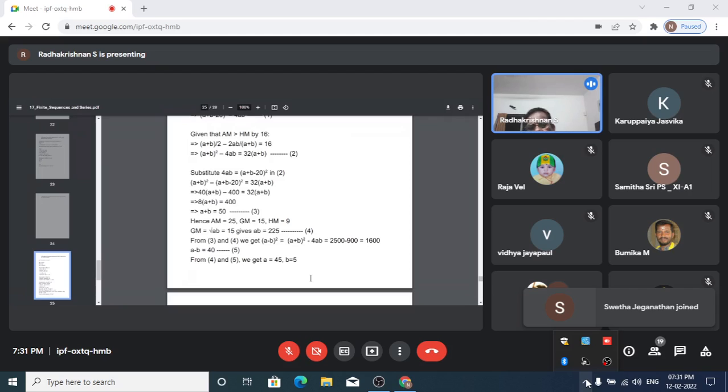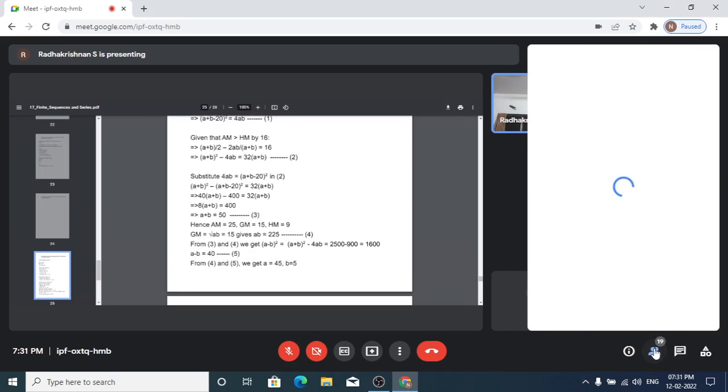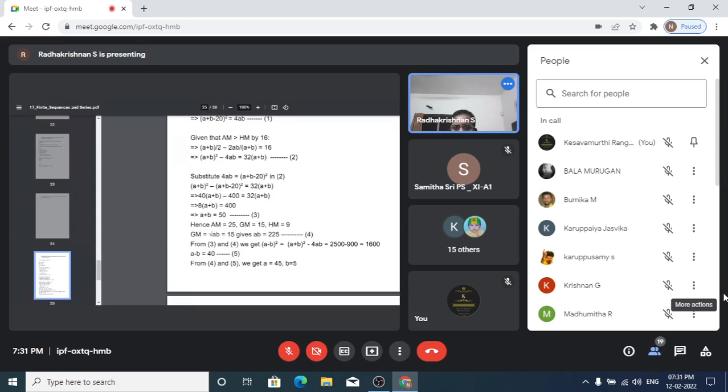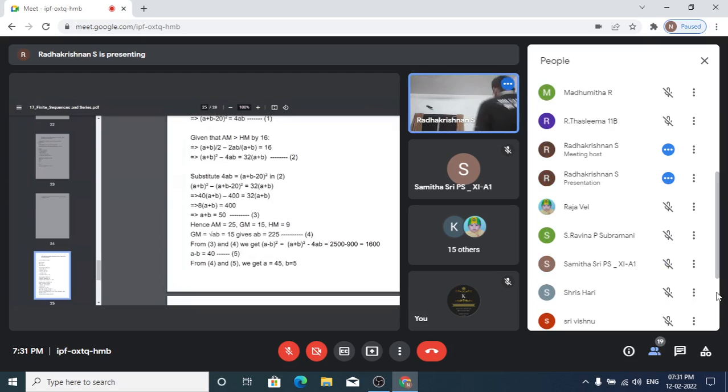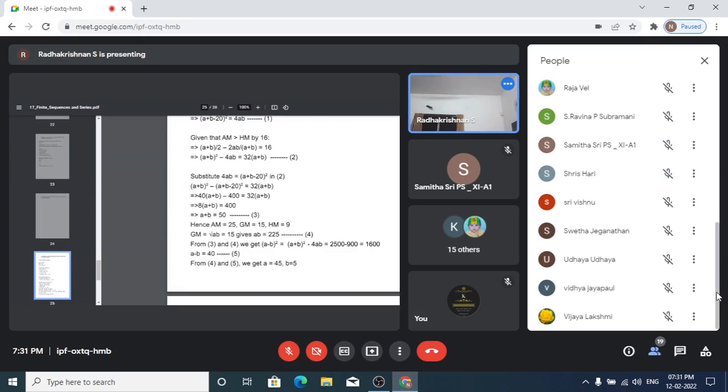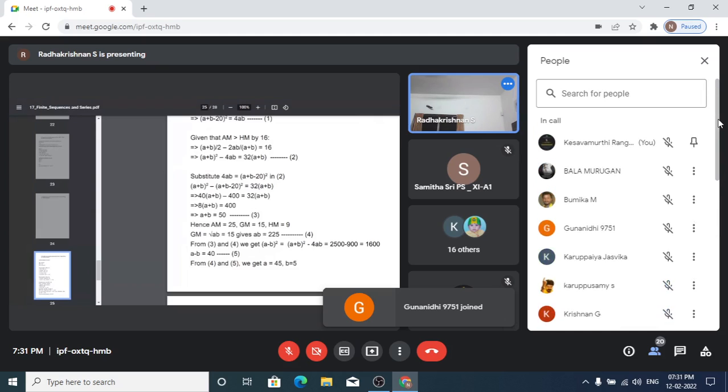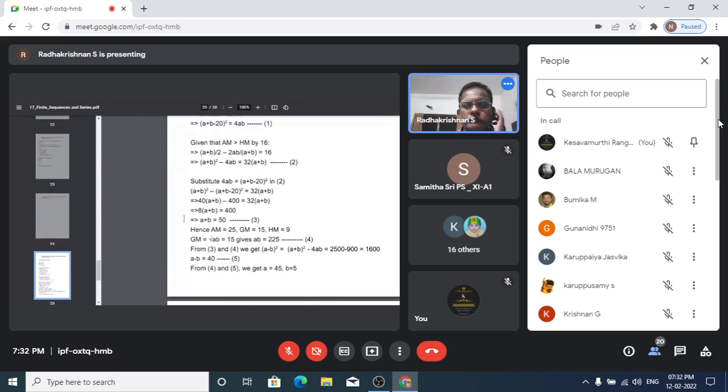Otherwise we can get a equal to 45 and b equal to 5. Does it make sense? Is that okay?